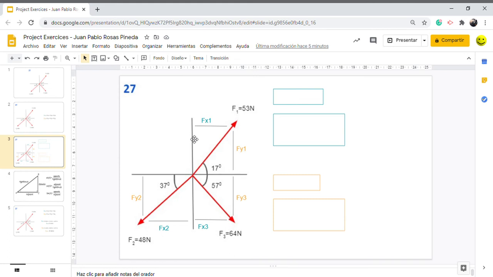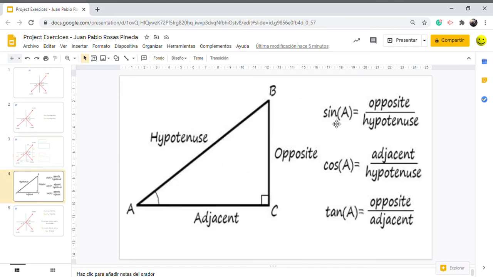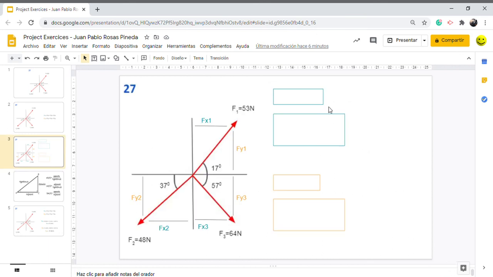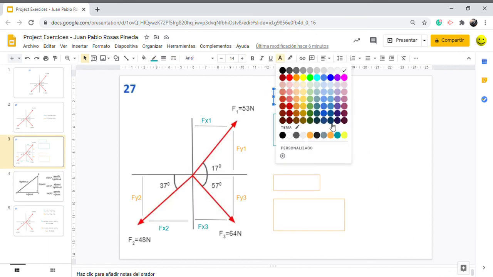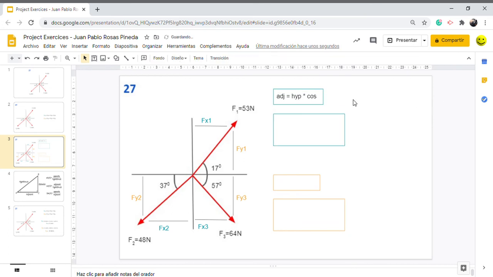Now, in the Pythagorean theorem, we have to get one that we can clear to get the adjacent. So in this case, we're going to use cosine because we have the hypotenuse and an angle. We only need to clear. So we're going to use this formula. It's already clear, so I don't take much time.